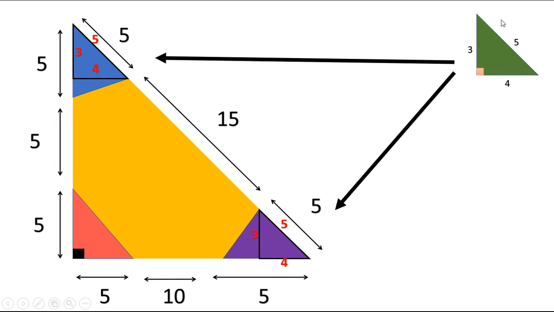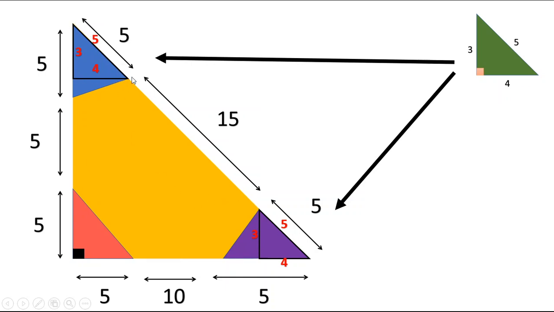Now what I will do is take this small triangle with lengths 3, 4 and 5, and put this small green triangle over here on the blue triangle, and this small green triangle over here on the purple triangle. If I put it, you can see the black outline that is given will be formed like this.